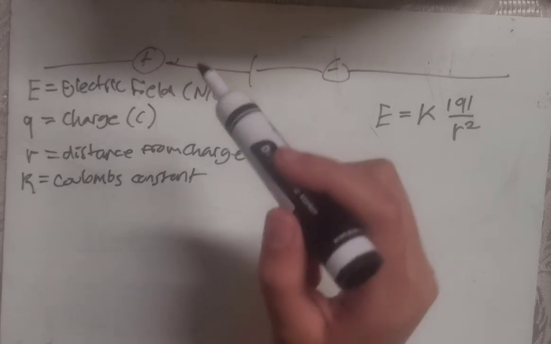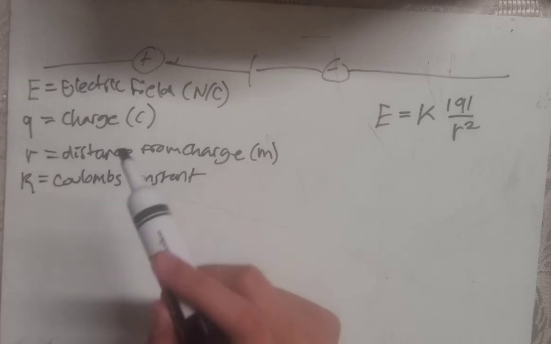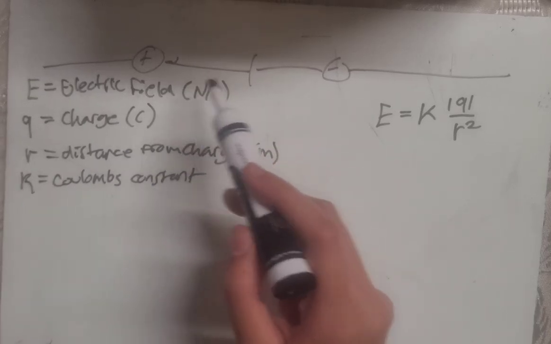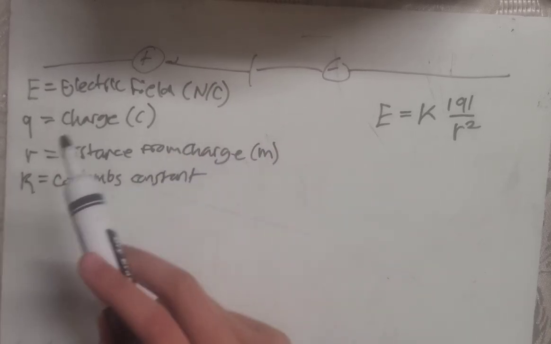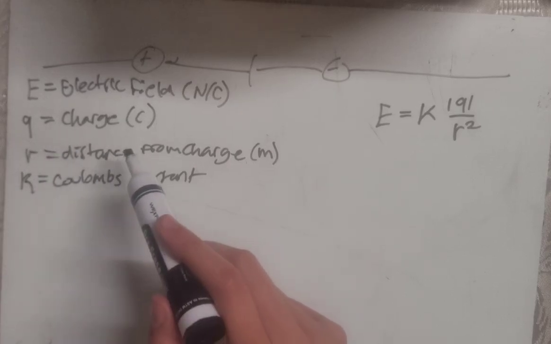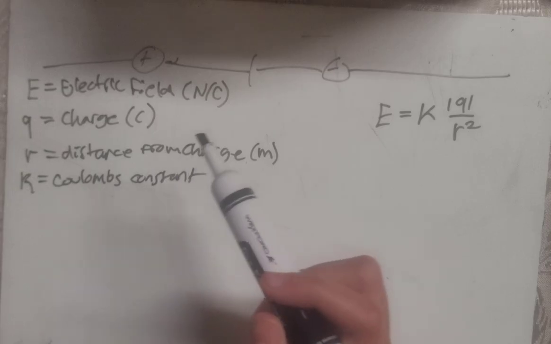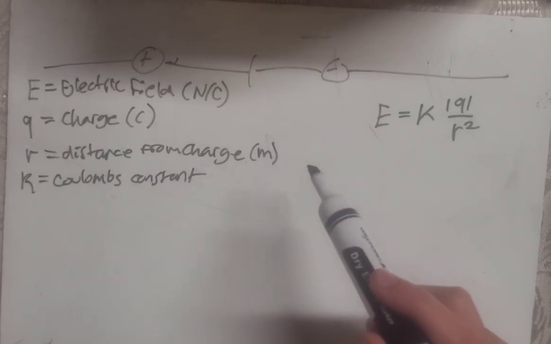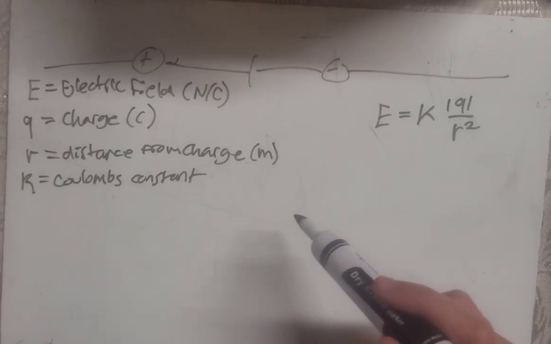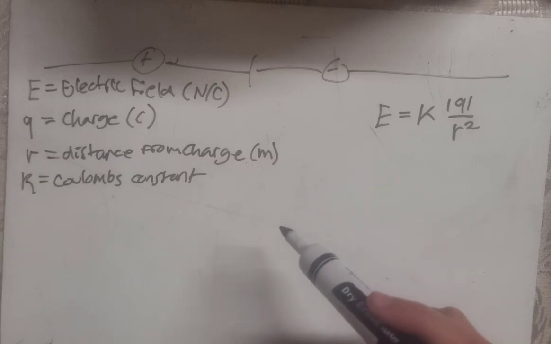E represents our electric field, and its SI units are newtons per coulomb. Q represents charge, and its SI units are coulombs. R represents distance from the charge, and its SI units are meters. And K is Coulomb's constant, which is used when calculating electric fields.